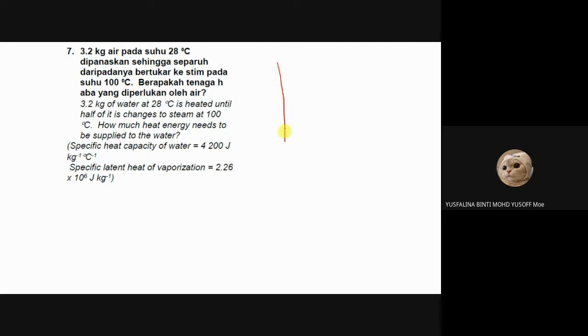So again, let's see if we draw a graph here. This is the melting point, 0 degrees Celsius, and this is the boiling point, 100 degrees Celsius. So 28 is around here. Before it changes to steam, we need to reach the boiling point first, so from 28 to 100 degrees Celsius.